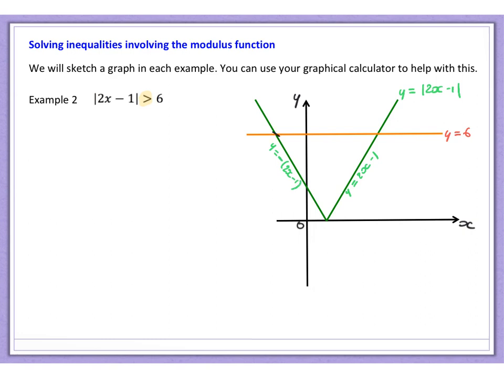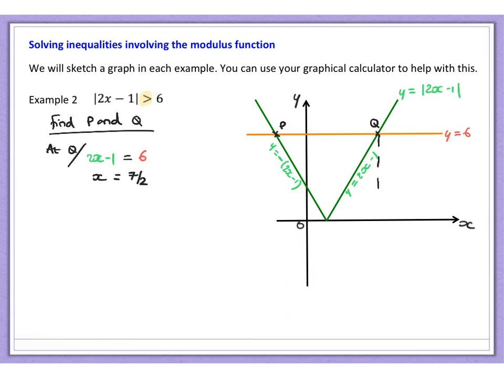Let's look at the 2 points of intersection, P and Q again. And we know that we can solve two equations to find the coordinates of P and Q. So at Q, we know we have the graph of 2x minus 1, which is equal to 6. So solving this simply gives us an answer of x equals 7 over 2.